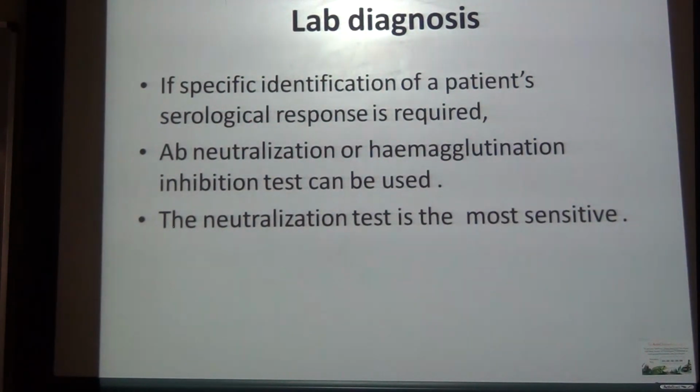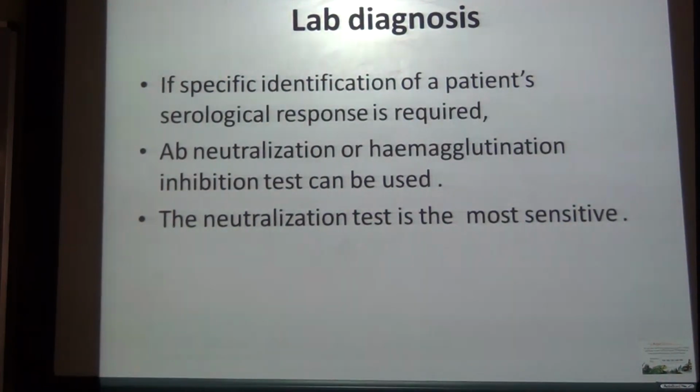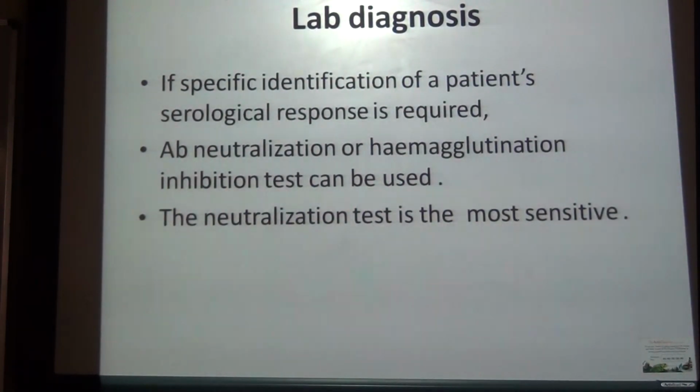If specific identification of patient's response is required, antibody neutralization or hemagglutination inhibition test can be used. Now these are specific for the serotypes. The neutralization test is the most sensitive.